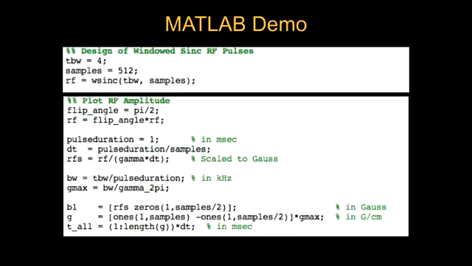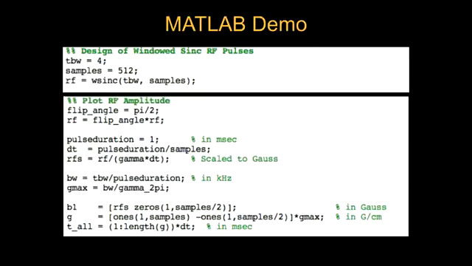Once you have a shape, you can assign the flip angle value that you want to achieve. In this case, we set a 90-degree flip angle, and multiply the flip angle by the RF. This is the way to normalize it, so it is normalized by the sum to be 1.